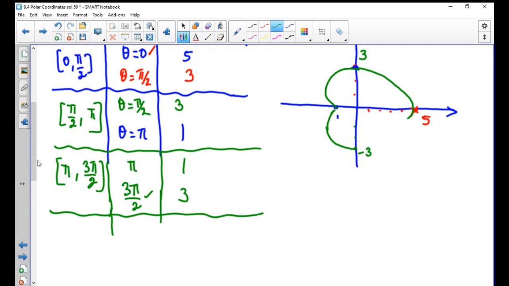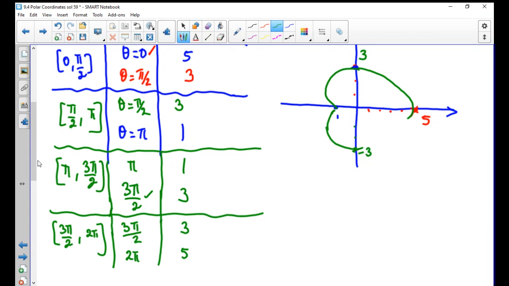And finally, the last interval to cover the whole plane is from 3 pi over 2 to 2 pi. Of course, we know that at 3 pi over 2, we have 3. So this is this point. And then at 2 pi, we come back to 5.